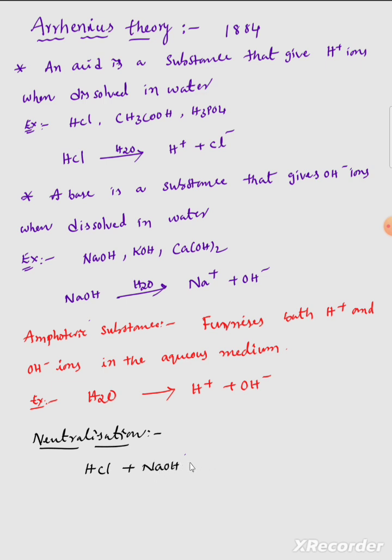Acid and base react to form salt and water. This neutralization reaction we call Arrhenius neutralization. Simply, it is the combination of H plus ion and OH minus ion to form a water molecule.